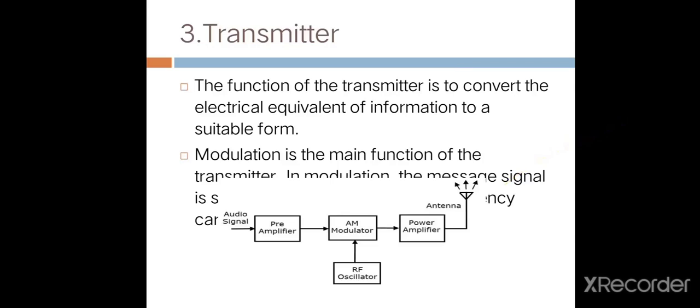In the block diagram of the transmitter, the first block is the preamplifier. The input of that amplifier is the audio signal. The audio signal is preamplified, then transferred to the AM modulator. After that, this signal is transferred to the power amplifier for amplification of power, and then to the antenna for transmitting.